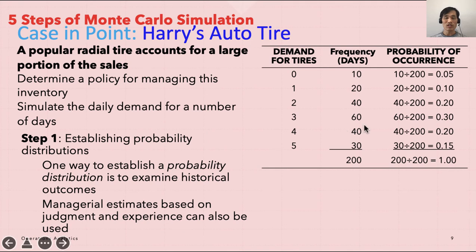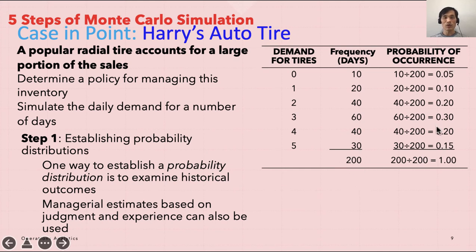So here's an example. We have 200 days of observations, and at that time there's no demand for this tire for 10 days, one tire for 20 days, two tires for 40 days, and so forth. We want to calculate the relative frequency by dividing this frequency by the total number of days that we have.